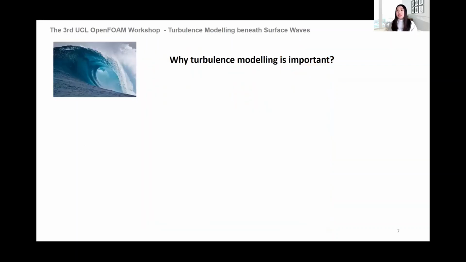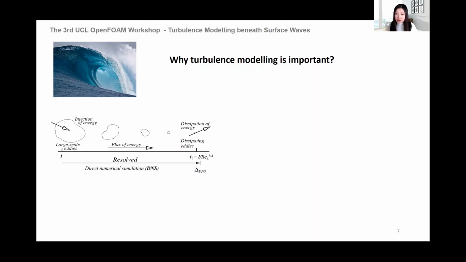So problems such as breaking waves involve highly turbulent flows. But why do we need to model turbulence? Can it be resolved? It is possible to solve the Navier-Stokes equations directly without any modeling assumptions. This approach is called direct numerical simulation, or DNS in short, which you may know.